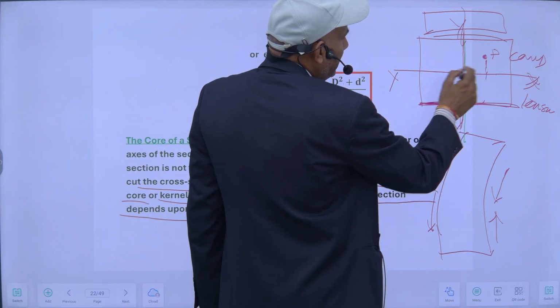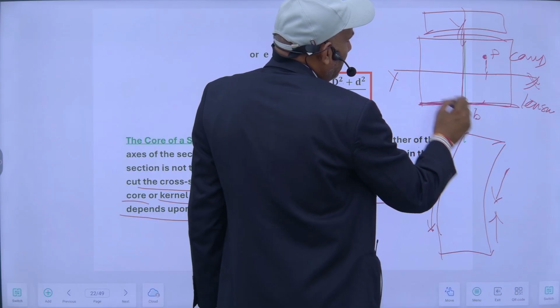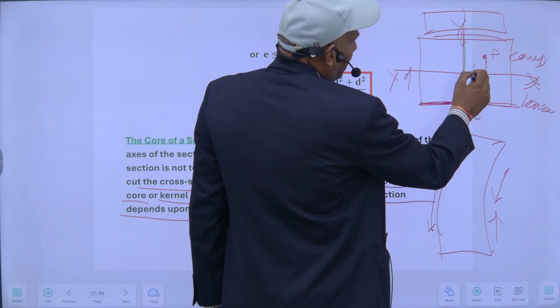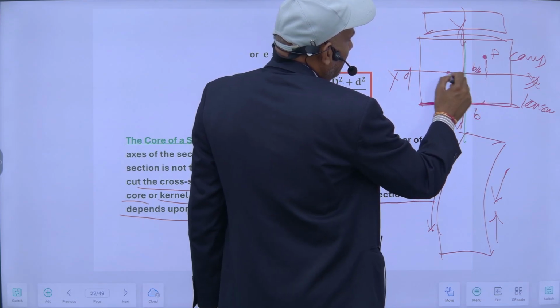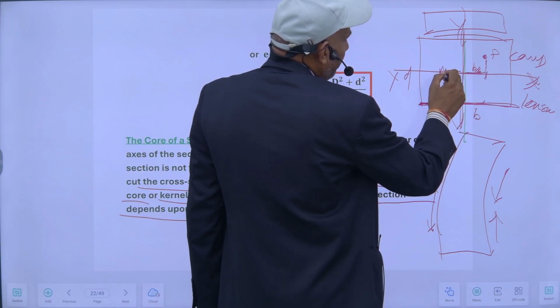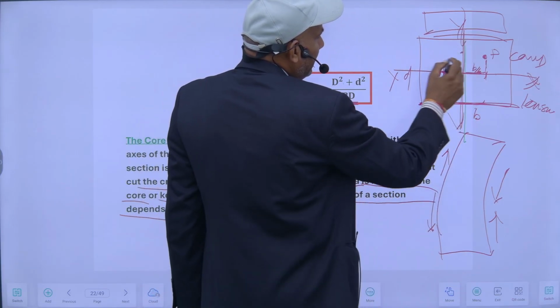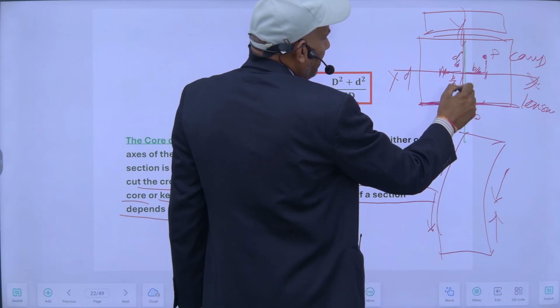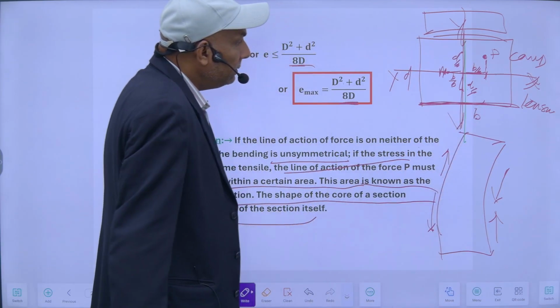For no tension to be developed, my eccentricity should be within, suppose this is my B and this is D, B by 6 on either side, and along this axis D by 6 and D by 6. So my loading should be within this.